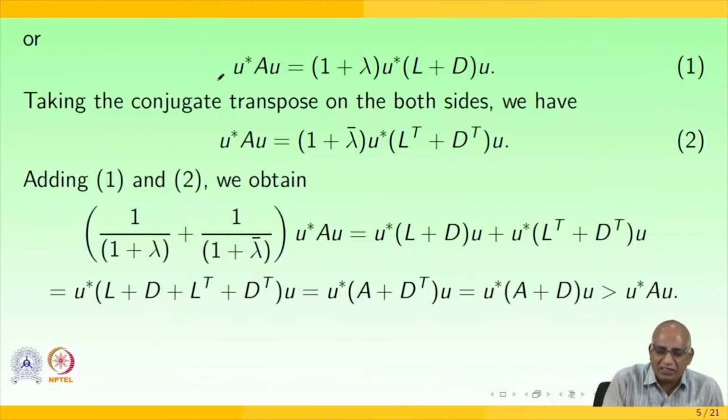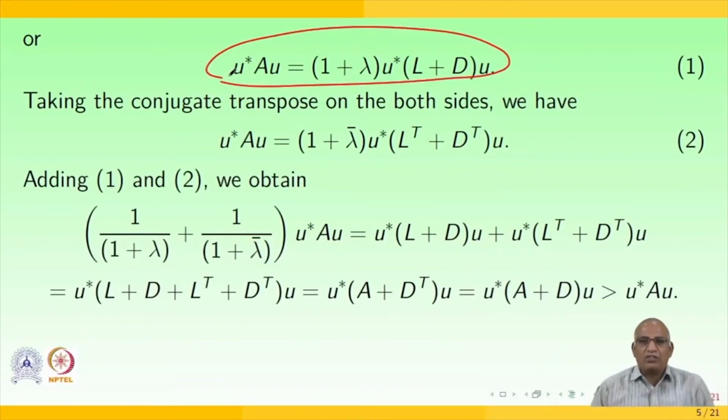Or we can write it as U star AU is equal to 1 plus lambda times U star L plus D of U.